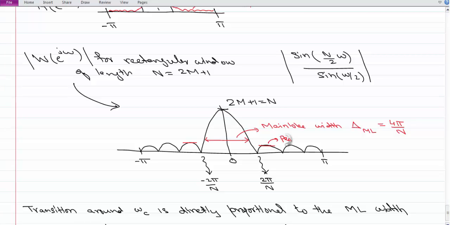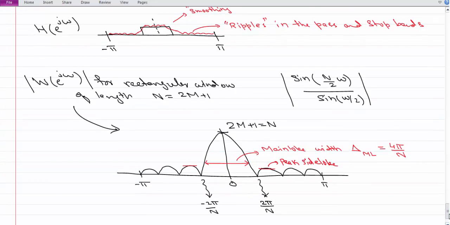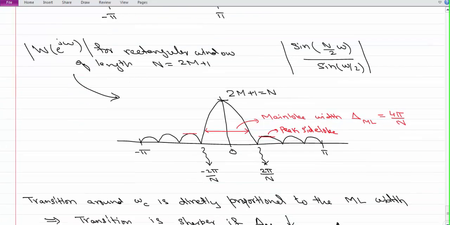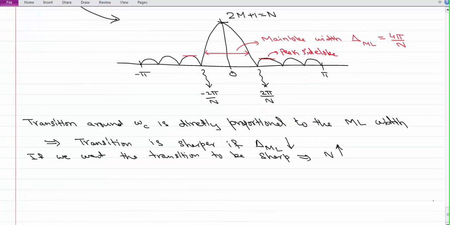This is called the peak side lobe. Now the peak side lobe determines how big the ripple is in your frequency response in both the pass band and the stop band. So if your peak side lobe is high, then your ripple will be high.